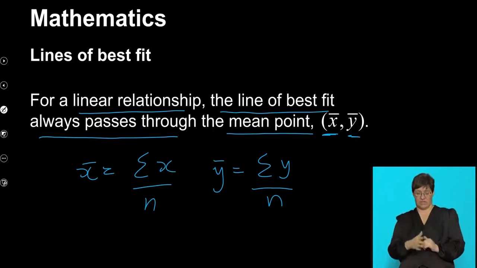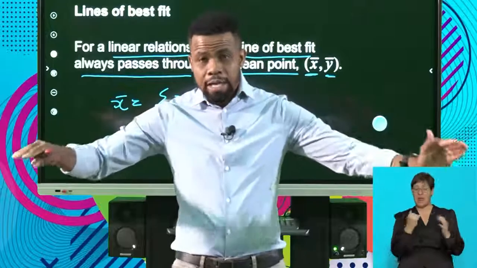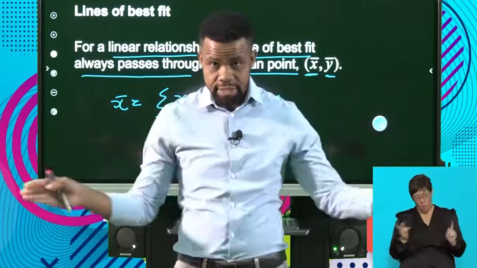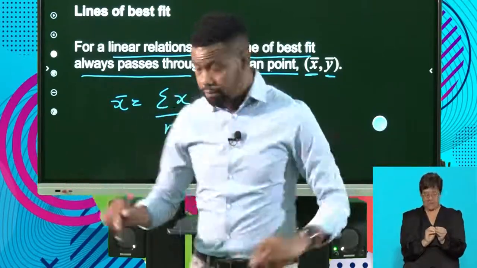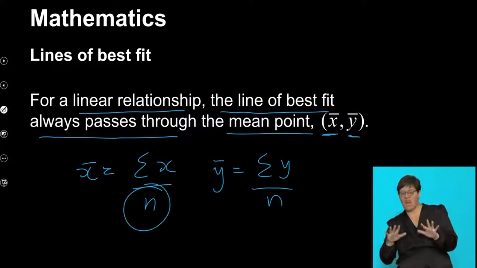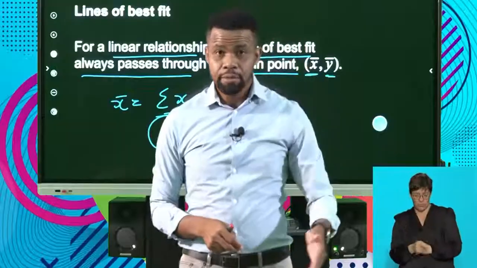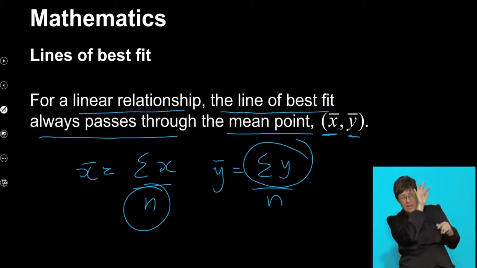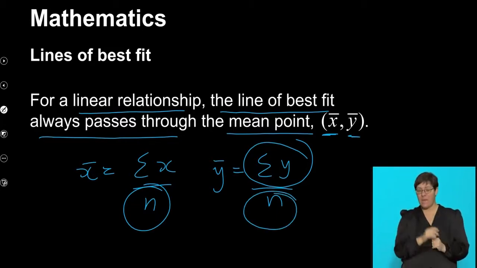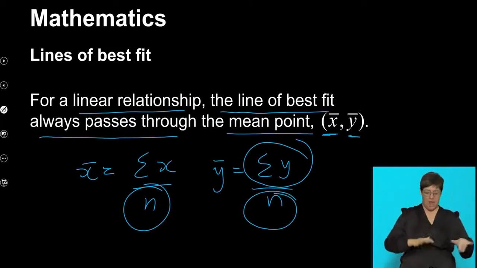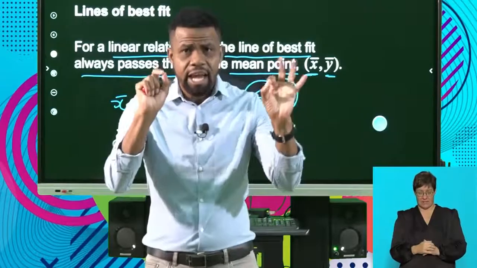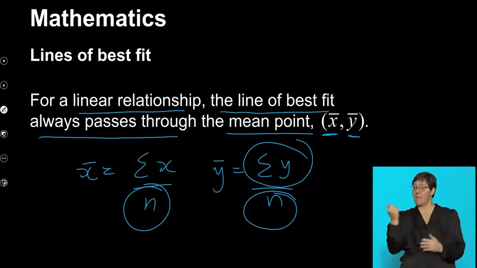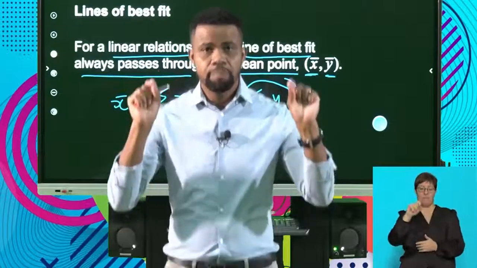Remember that for the average of x, we take all the independent variables, all the x's, we add all of them, and we divide by how many of them there are. We do the same on the y-axis. We add all the y values and divide by how many y values we have. Are we together? Then that's the average for y. So what we're saying is that the line of best fit must pass through the mean.